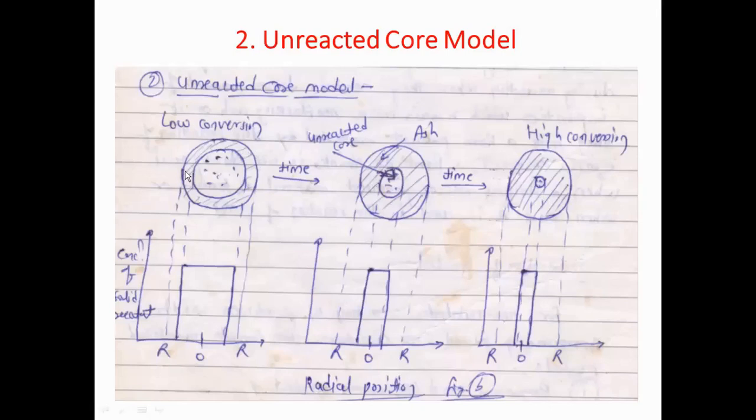Here this is the initial particle, low conversion, and the fluid, gas or liquid, reacts on the surface of the solid, not to the entire solid. Means the fluid does not penetrate into the solid. Here in the progressive conversion model, the fluid enters or penetrates or diffuses into the solid and then reacts.